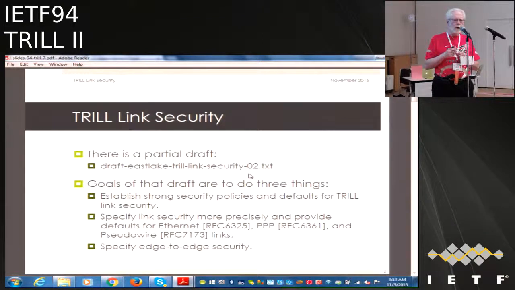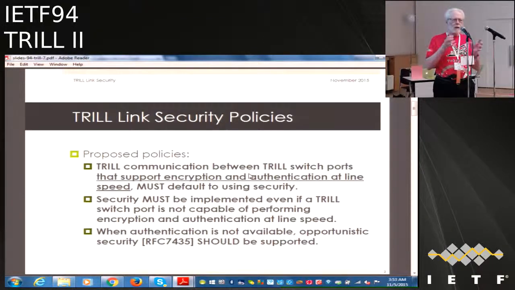The proposed policies are that if the TRILL port is capable of encrypting at line speed, then it must default to encrypting. If you don't have a way to set up authenticated encryption, then it should do opportunistic encryption.